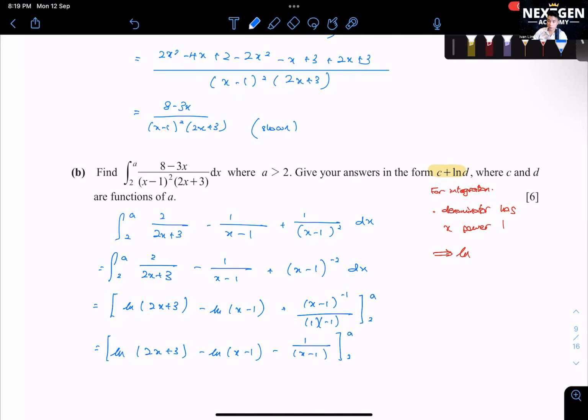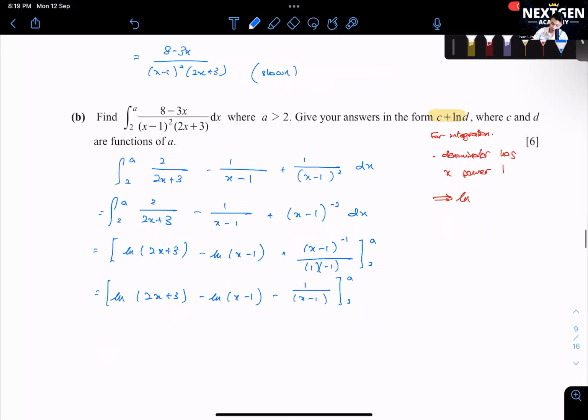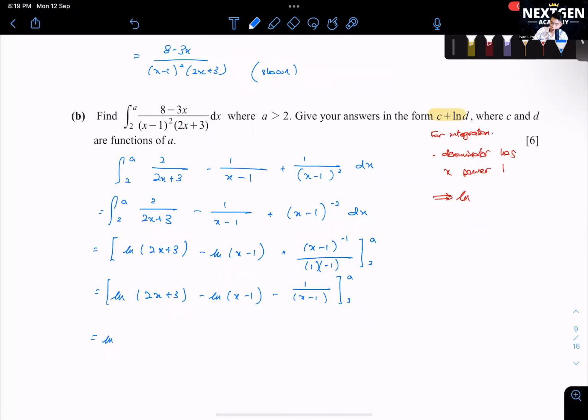Then we do our definite integral, which is we sub in the a and we sub in the 2, then we minus it off. So ln 2a plus 3 plus ln a minus 1 minus 1 over a minus 1, minus ln 2 times 2 plus 3, we just sub it in.